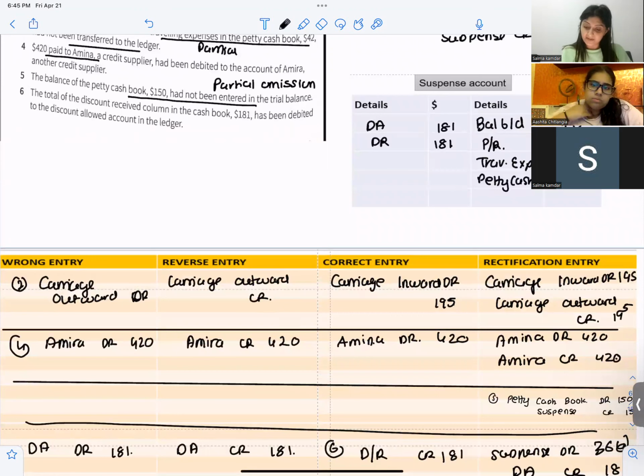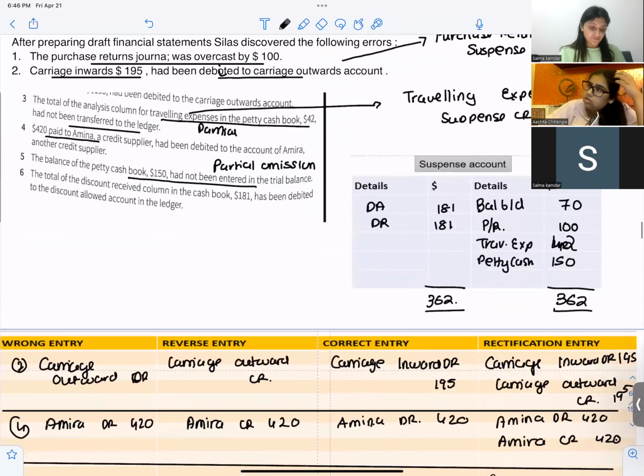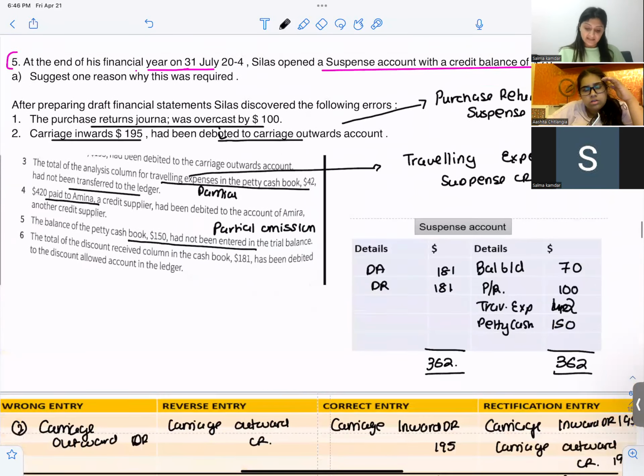Do the total of the suspense account. This is 362. How much is the credit side? 362. It's tallying. So this is how we did wrong, reverse, correct and rectification for Silas's sum.